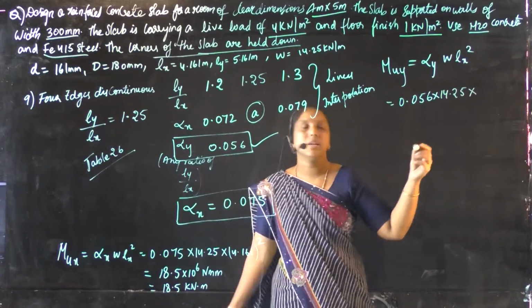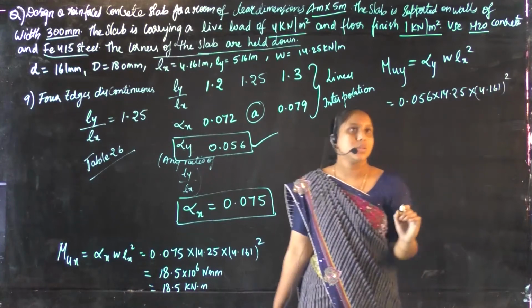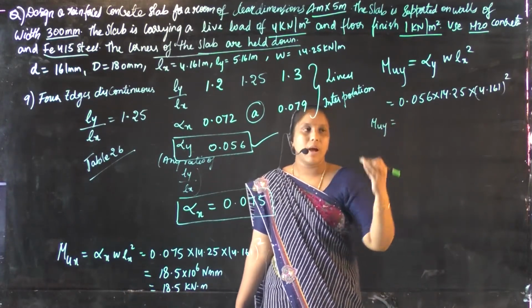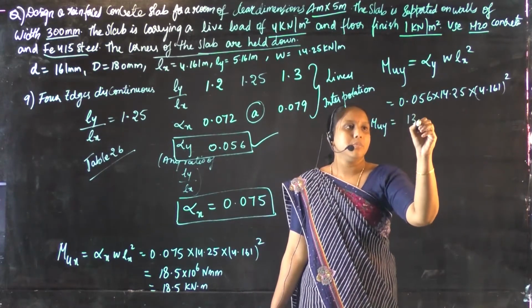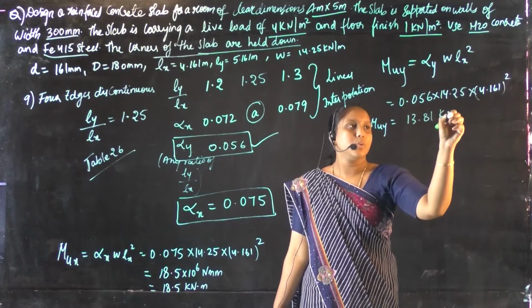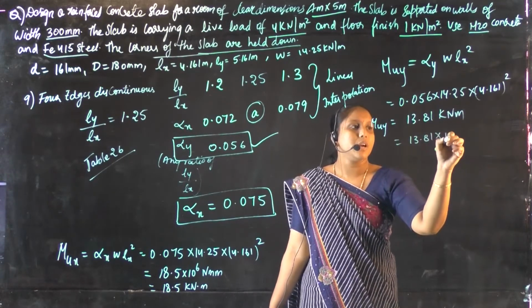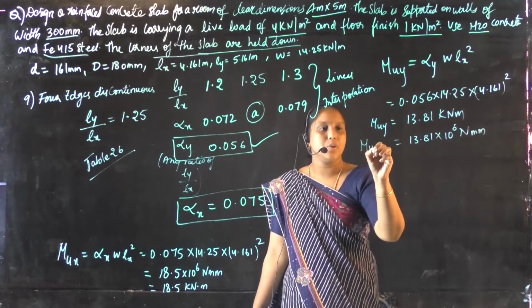So what is the value of Lx? It is 4.161 whole square. So from this you will get a value of mu y, which is 13.81 kilonewton meter, which is 13.81 into 10 to the power of 6 Newton mm. So this is the mu y.